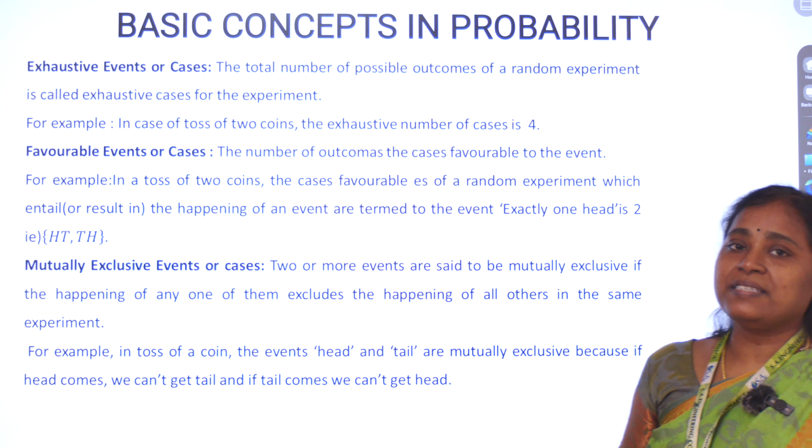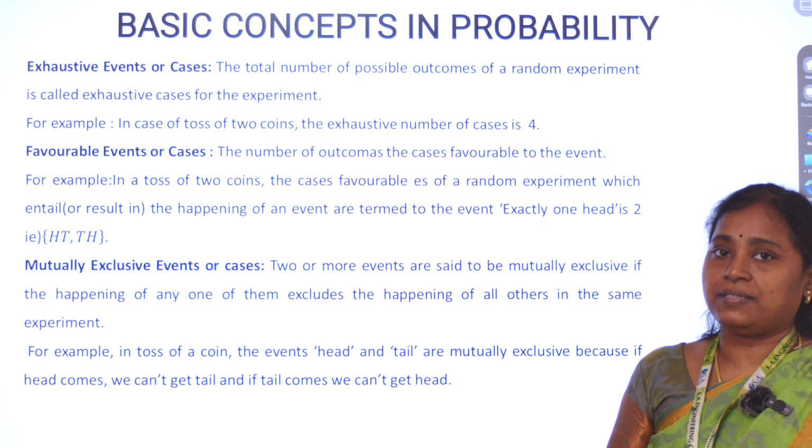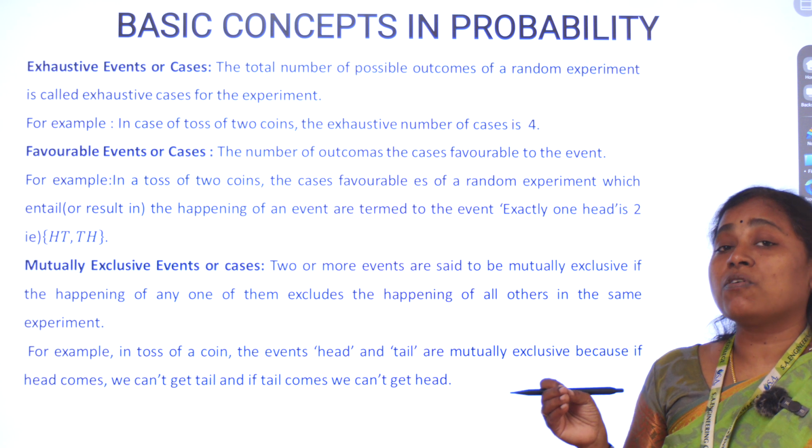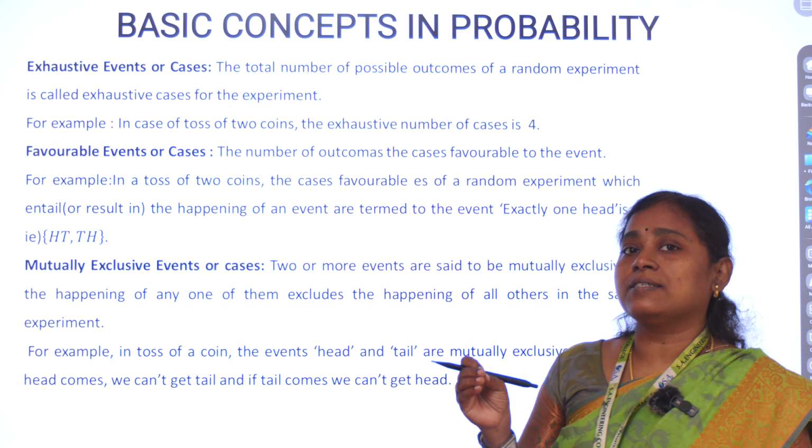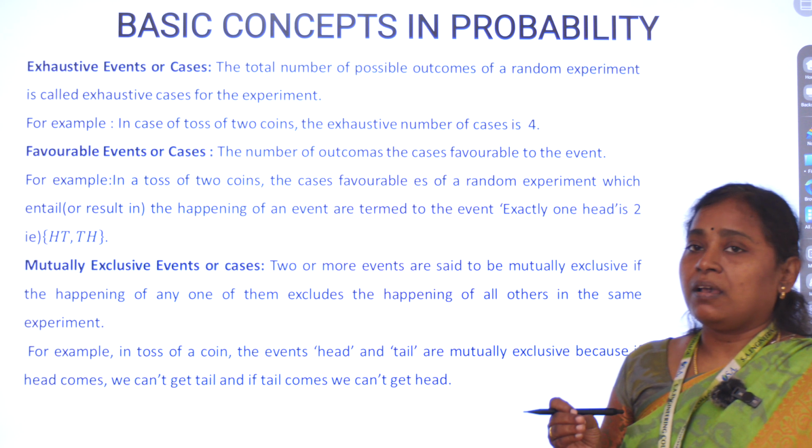The next concept is exhaustive cases or events. The total number of possible outcomes of a random experiment is called the exhaustive number of cases.